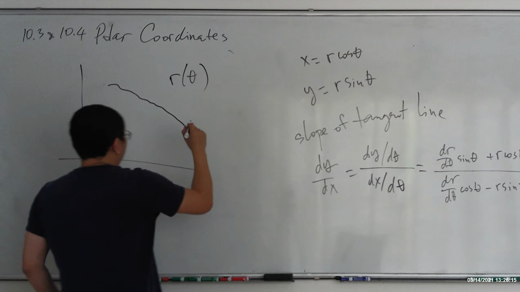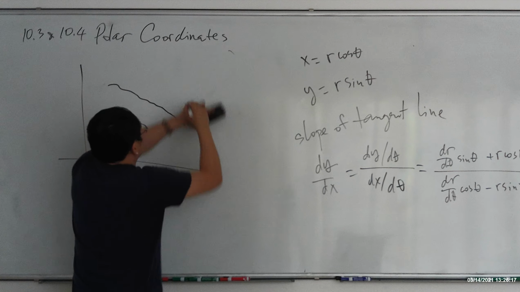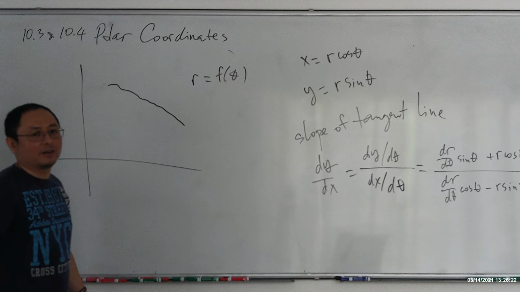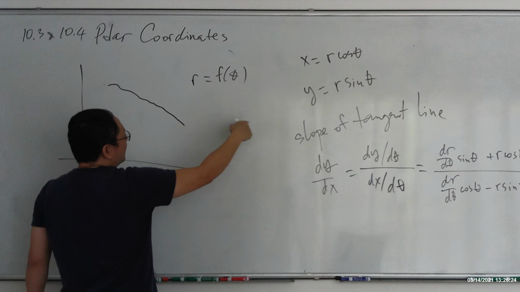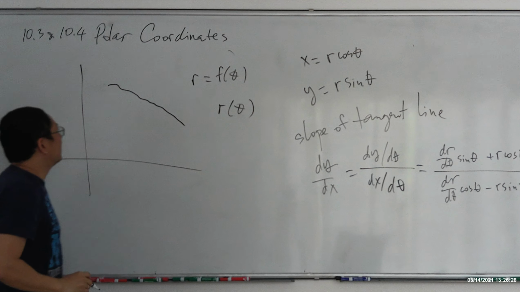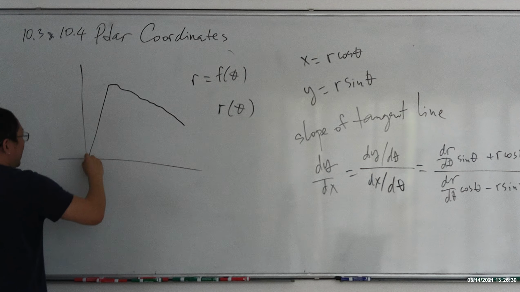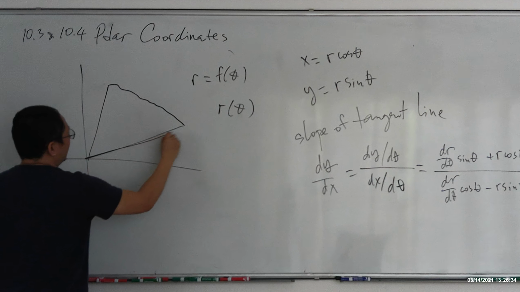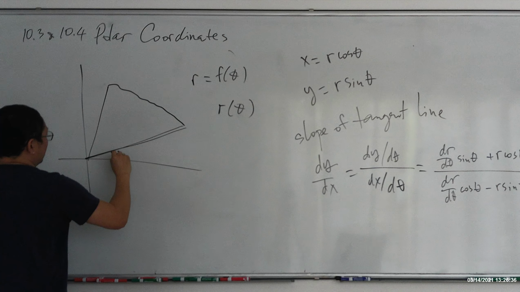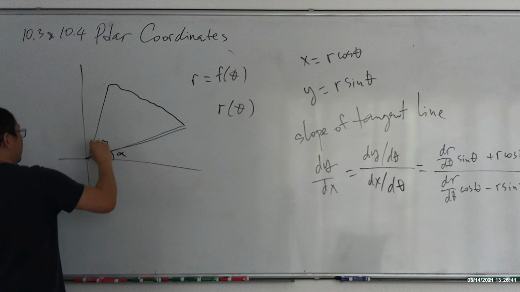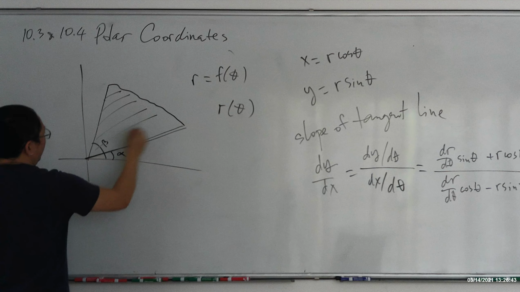The book writes it this way: r equal to f of theta, r as a function of theta, like x equals f of t, right? Usually I write r is a function of theta. It's the same. And say you want to calculate the area bounded by the two lines from angle alpha to angle beta. This is the region that we want to calculate the area of.